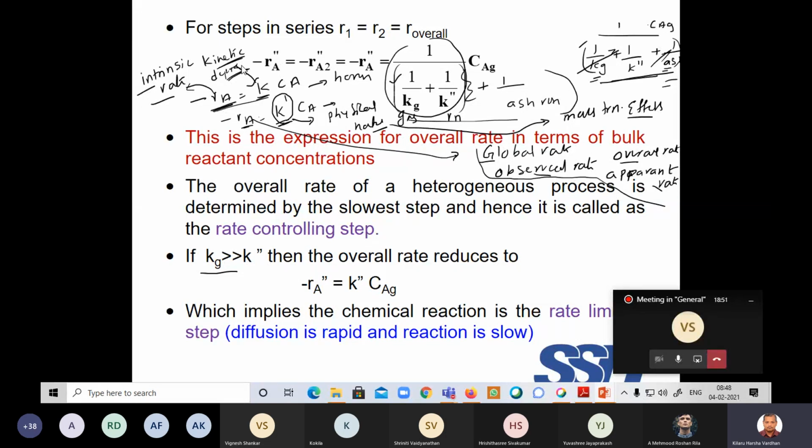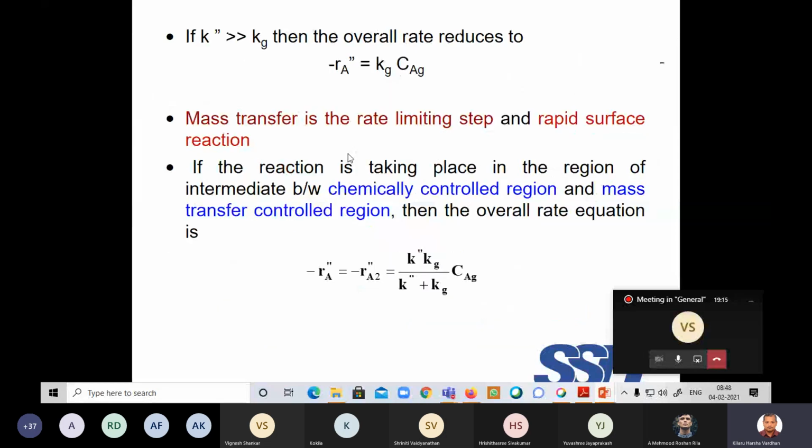Every book will give you the same intrinsic rate, but for global, some books will give global rate, some observed rate, some overall rate. If you see Smith or James Smith or some other book, he will give it in terms of apparent rate. So all four are the same. Okay, let us go to the next slides.